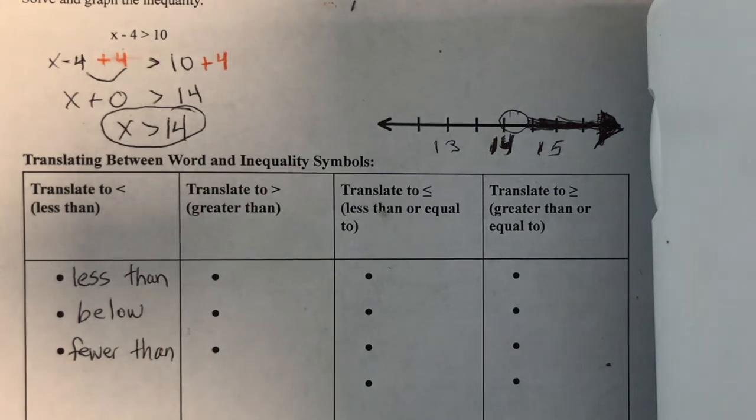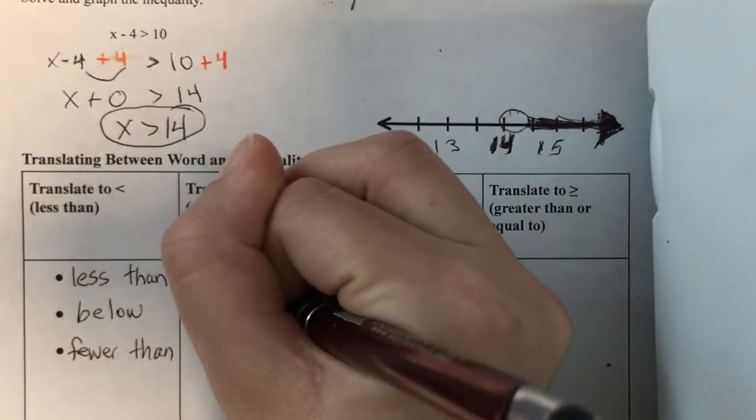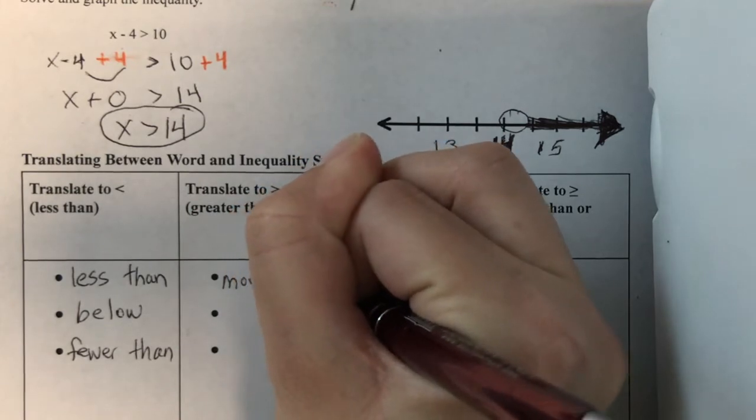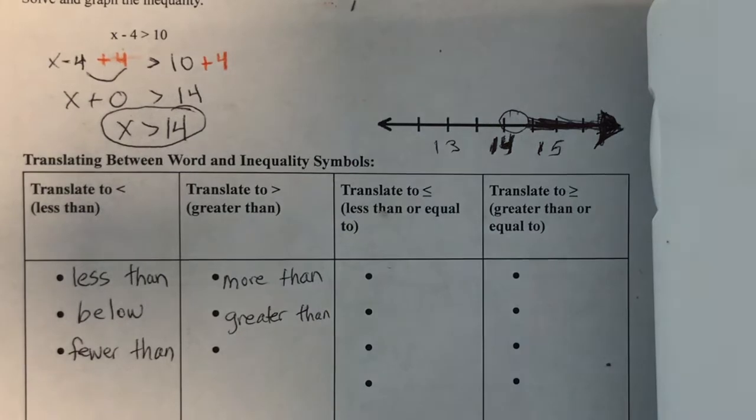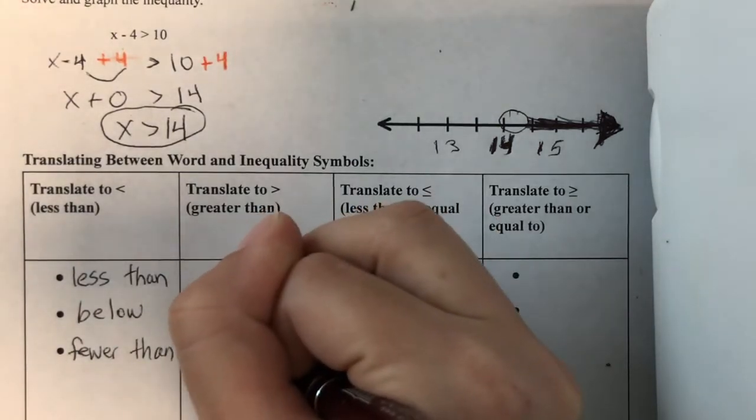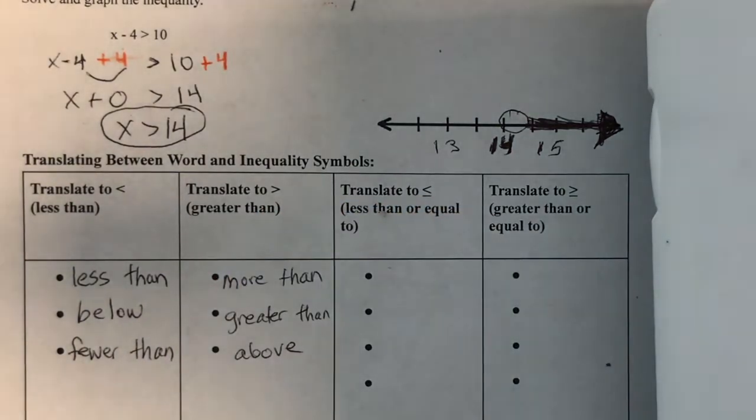All right, so then for greater than, we'll have more than, greater than, and above.